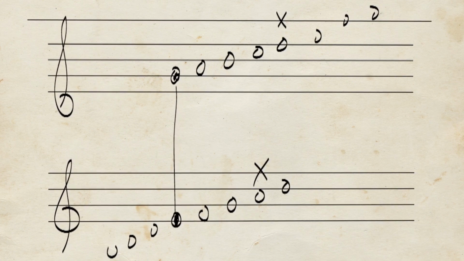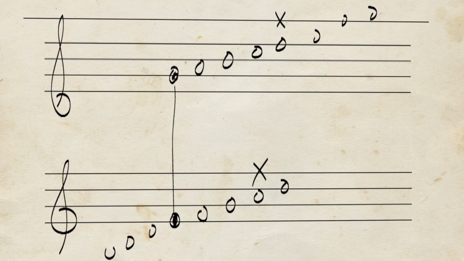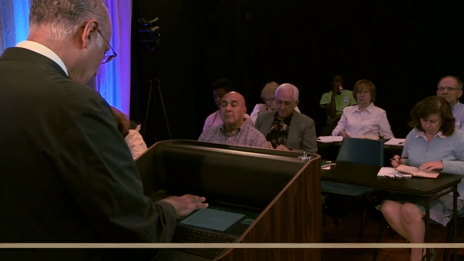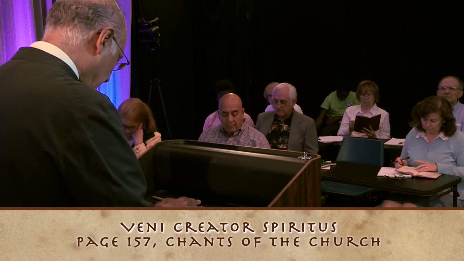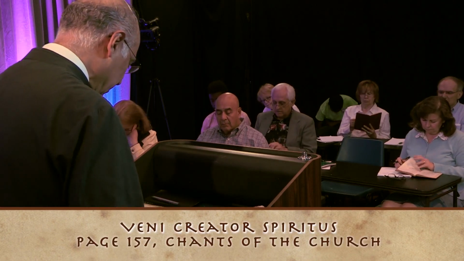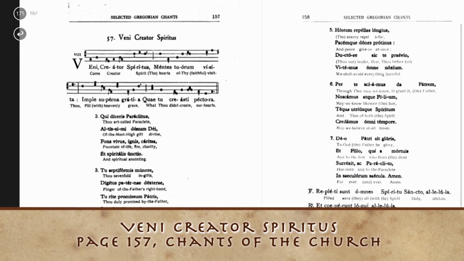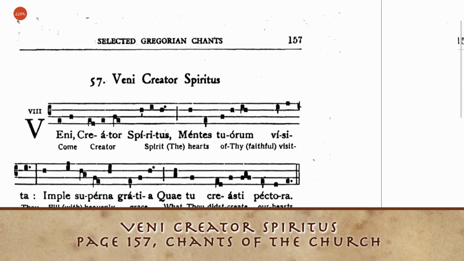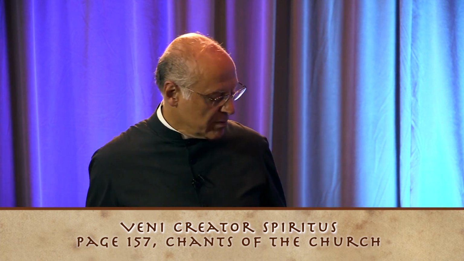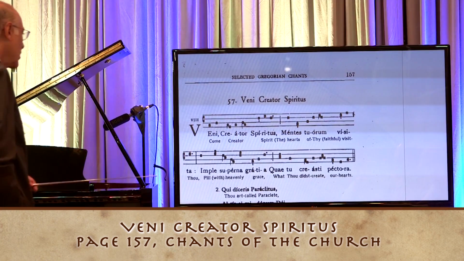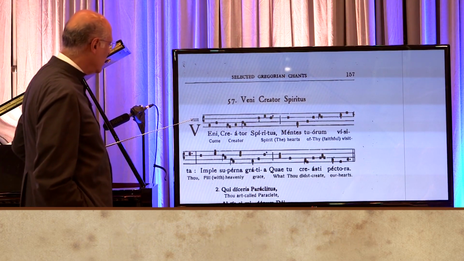If we look in our Chants of the Church, a very familiar piece will be Veni Creator Spiritus, and it should be on page 157. Each stanza has the same melody. You'll see the mode is marked, mode 8.